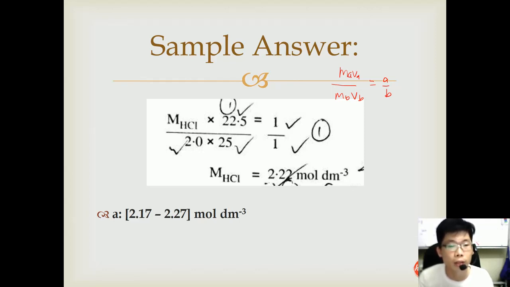The ratio from the equation will be 1, 1. From this calculation, you get 2.22 mole per cubic decimeter. The range accepted for this answer is between 2.17 to 2.27 mole per cubic decimeter. So make sure that you include the unit for the calculation.